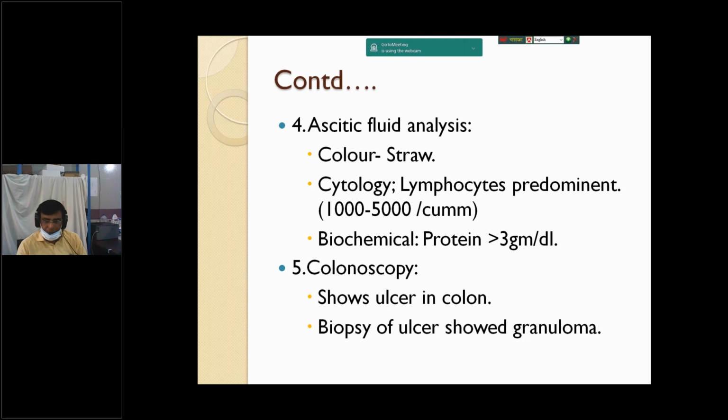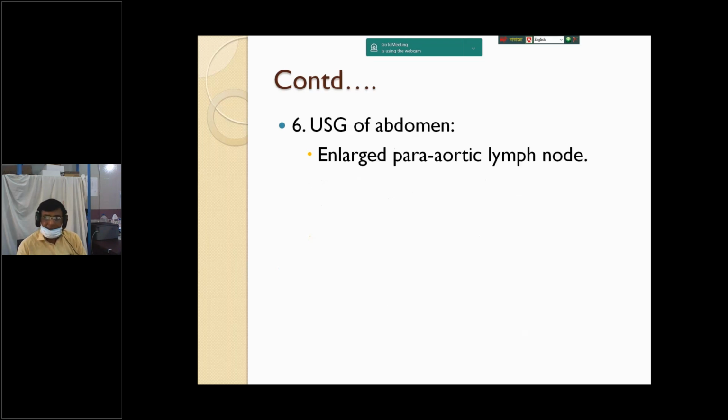And colonoscopy which will show ulcer in colon. Biopsy can be taken from the ulcer which will show granulomatous lesion. And ultrasonography of the whole abdomen which will show enlarged para-aortic lymph nodes.